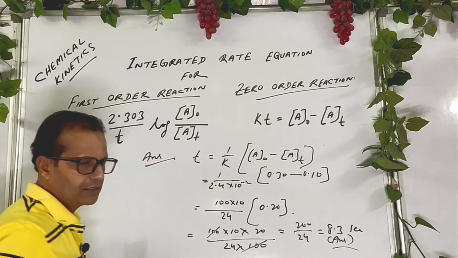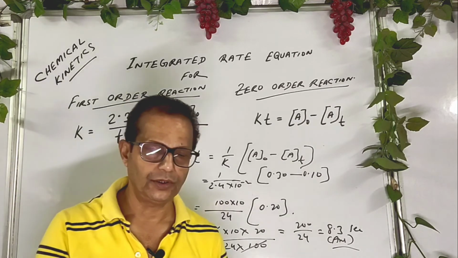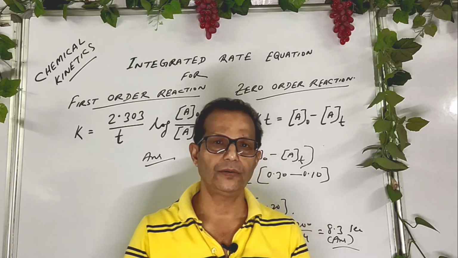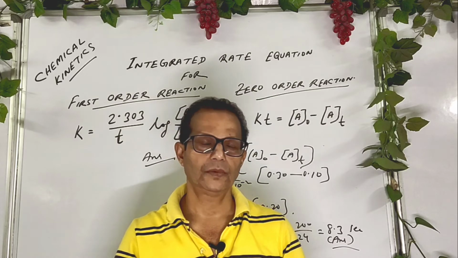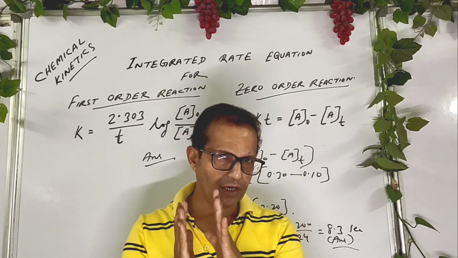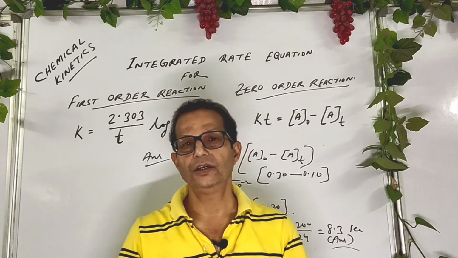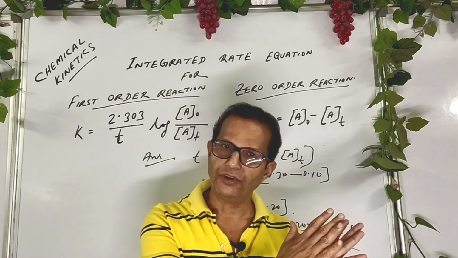Now the next topic, that is half-life period. You know what is half-life period? It is the time taken to reduce the initial concentration of the reactant to just half of it.